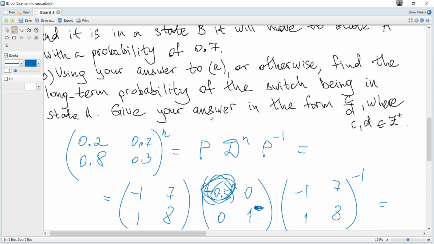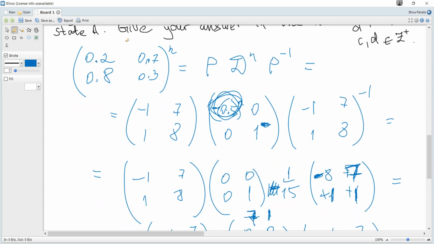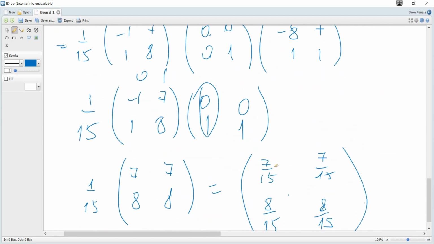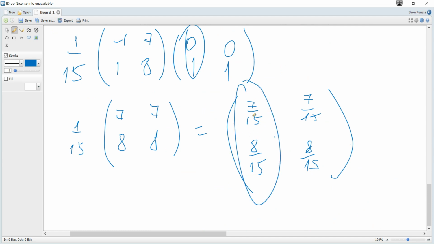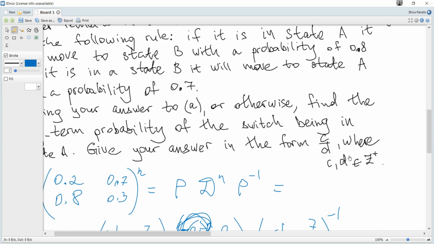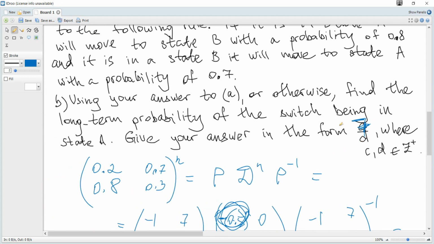Probability means we should scale to 1, being state A, since AB, so AB, this method, you can see our steady state vector, and AB. So the probability is that finally A will be operating in 7/15. State A. So finally A will be operating or switching the state A 7/15.